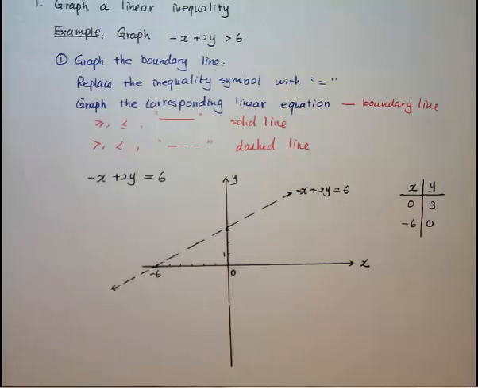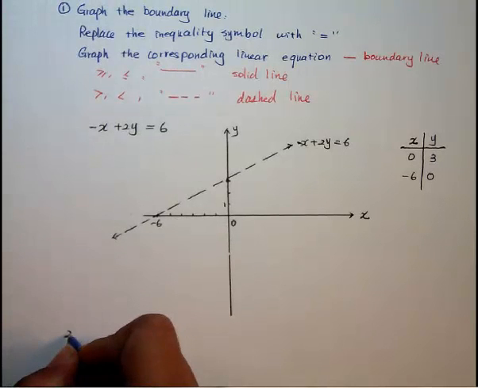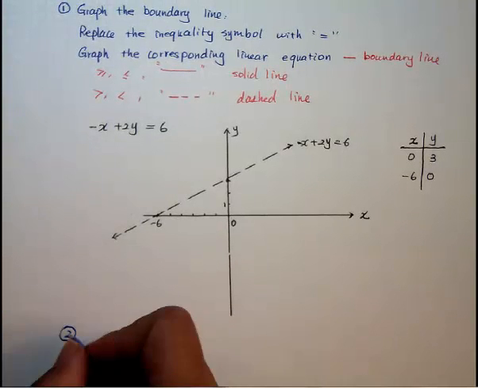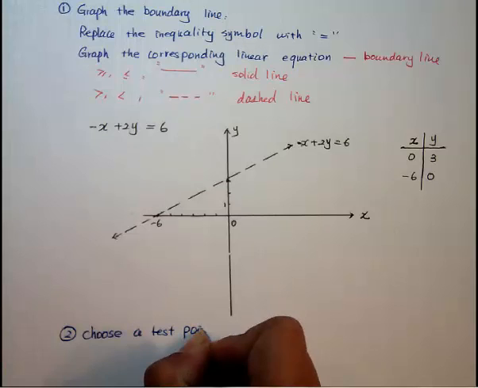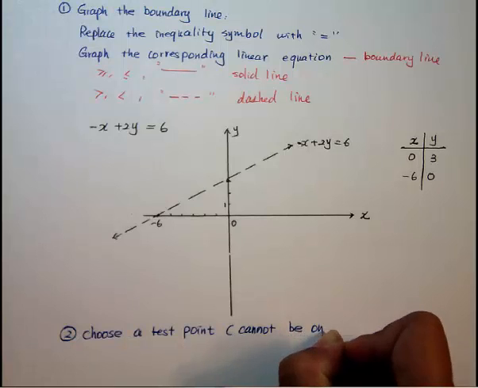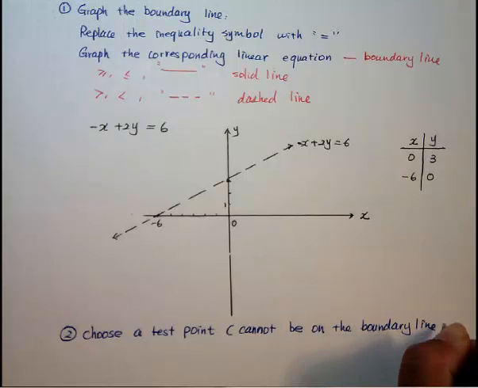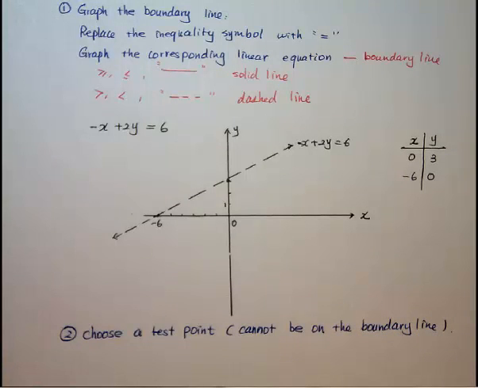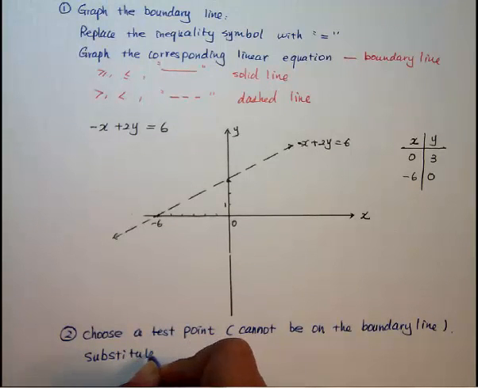Well, we are not done yet because this is only the boundary line. What about the other solutions for this inequality? We need to find the points which satisfy this inequality. The way we do it is, you need to choose a test point. This point cannot be on the boundary line. After you choose a point, you are going to substitute the coordinates of this point into the inequality.